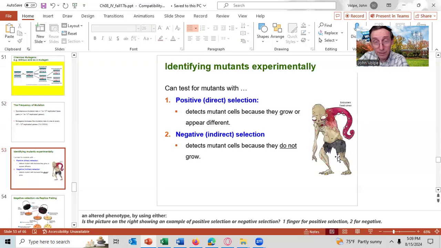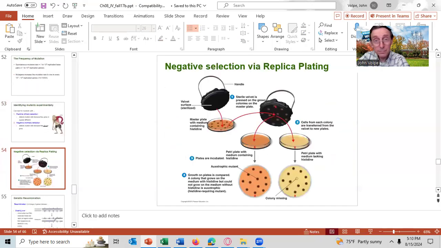Any questions about that? Negative or indirect selection detects a mutant cell because they do not grow when they should. Now, I'll talk a little bit more about how you get negative or indirect selection.